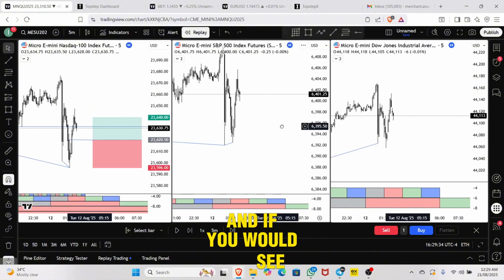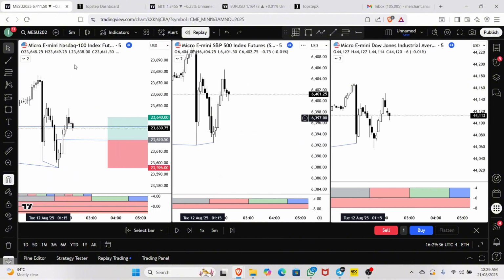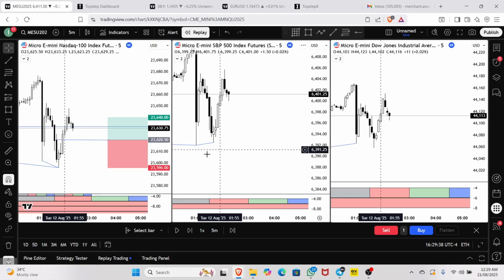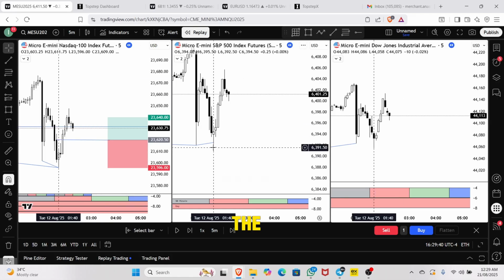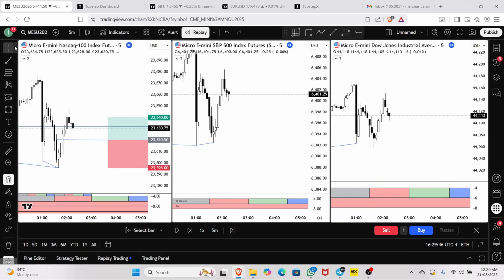And if you would see the same candle, this one where my cursor is, in Nasdaq we have an up close candle, S&P 500 we have an up close candle, Dow Jones we have a down close candle.